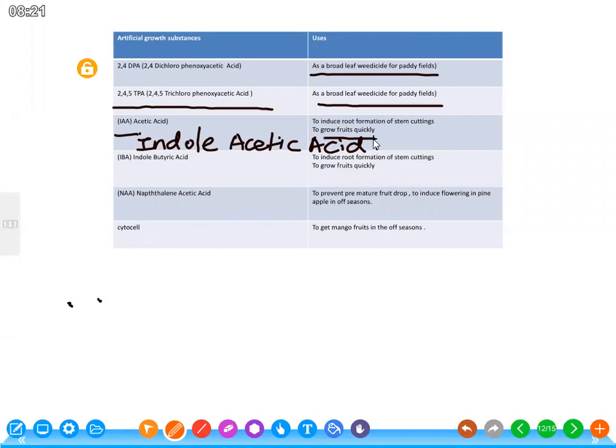Then IBA. The use is to induce root formation of stem cuttings and to grow fruits quickly.